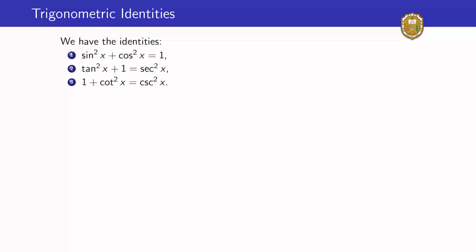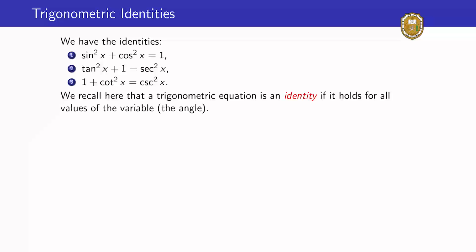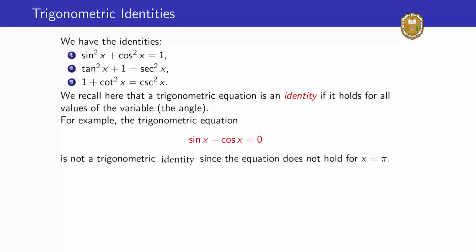A trigonometric equation is called an identity if it holds for all values of the variable. For example, the trigonometric equation sine x minus cos x is equal to 0 is not a trigonometric identity, since the equation does not hold for x equal to pi.